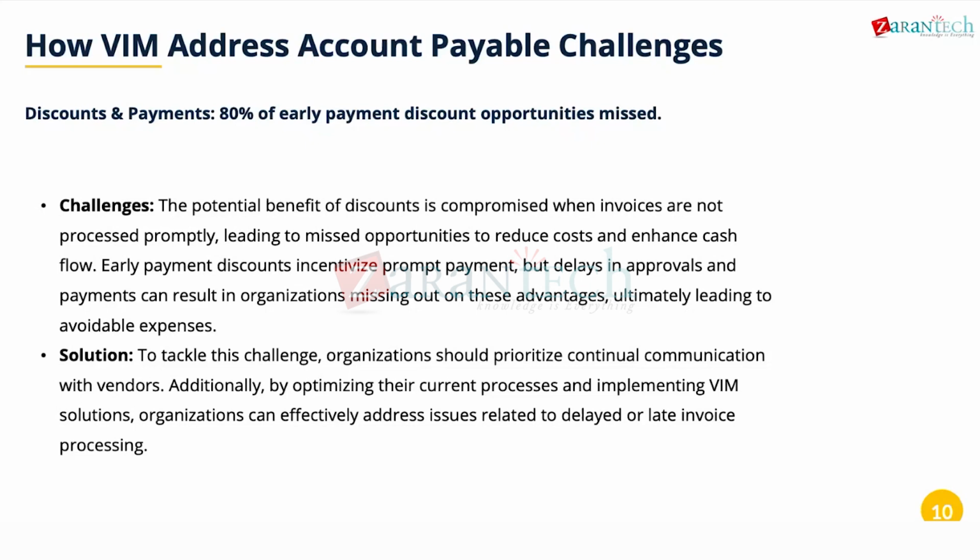But without the VIM solution, gathering this data is nearly impossible because the data is not located at one place. The invoices can be digital or physical or whatever it is, and they can be with different persons as well.